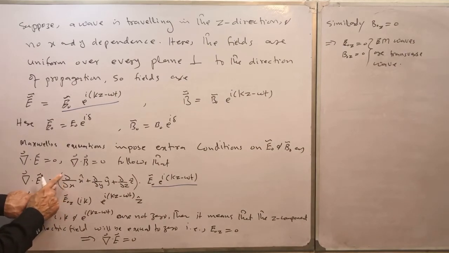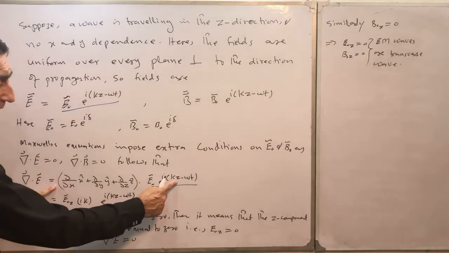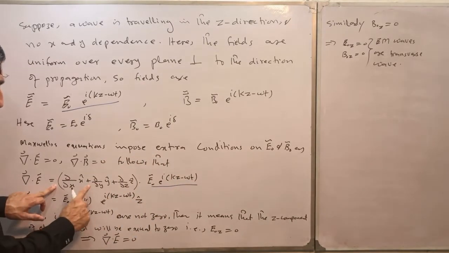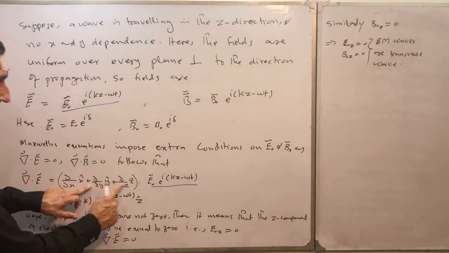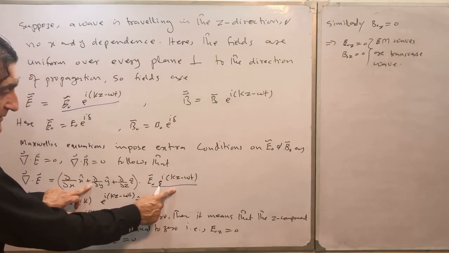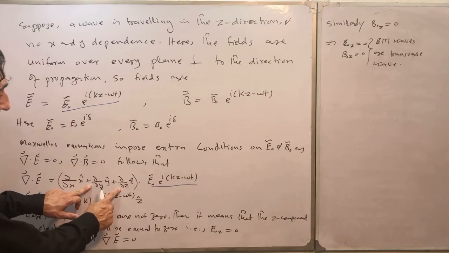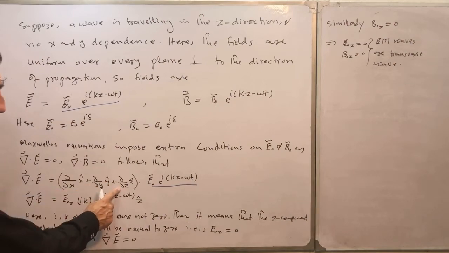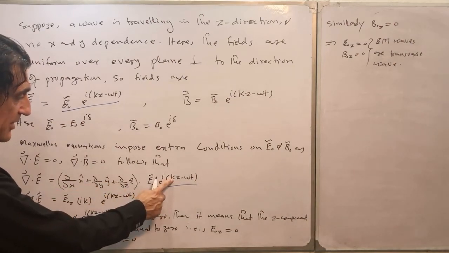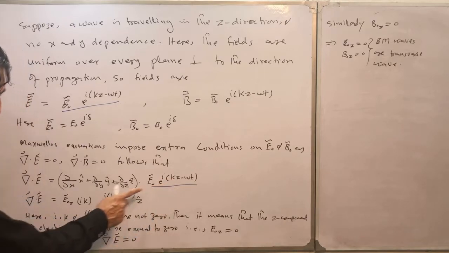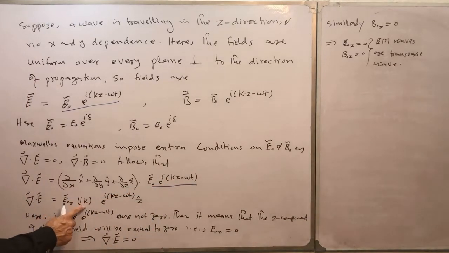When we differentiate with respect to x, there is no x dependence, so this will be equal to 0. For the partial derivative with respect to y, there is no y dependence, so this will be equal to 0. There is only the z dependence, because the wave is propagating in the z direction, so we get i k when we differentiate this, with the same term.